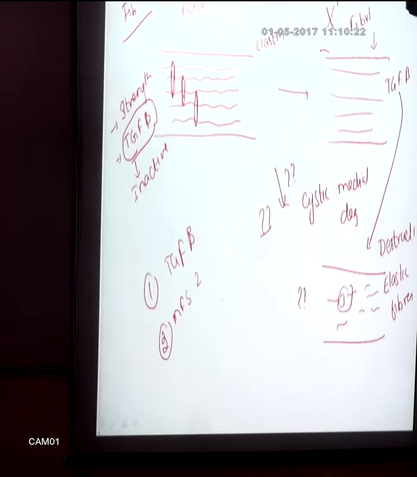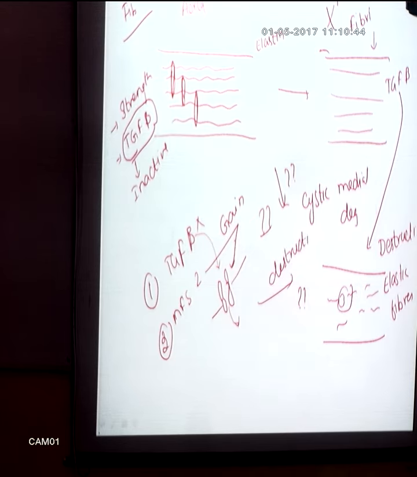Right, so this TGF beta has a receptor. So this will be activated only when TGF beta comes and sits. But in Marfan syndrome type 2 there is a gain of function, meaning in the absence of TGF beta it will be activated and it will produce destruction.